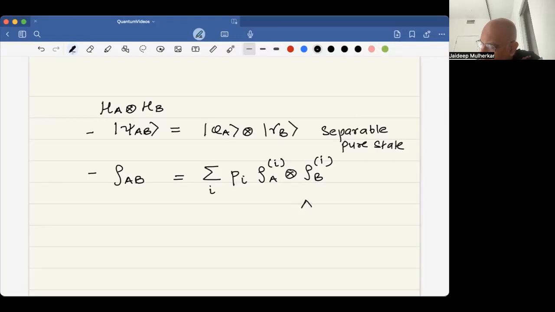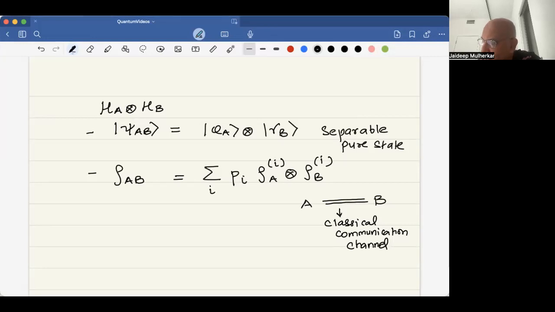Let's say you have Alice and Bob, who are separated, and you have some classical communication channel between Alice and Bob. They initially start with a joint state.